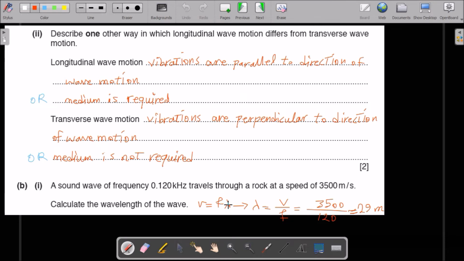F is frequency, lambda is wavelength, and V is speed. So if you rearrange, you will get lambda = V over F. V is 3,500 and F is 120. If you divide, you will get 29 meters. So the wavelength is 29 meters.